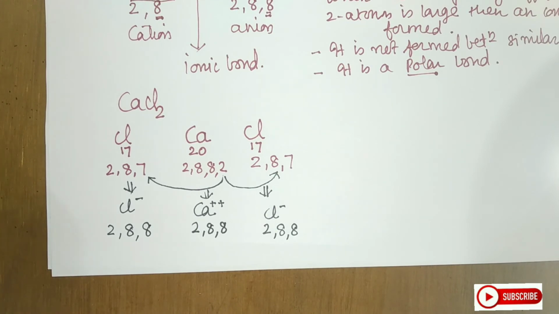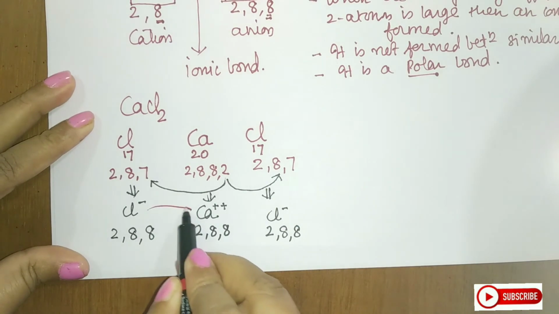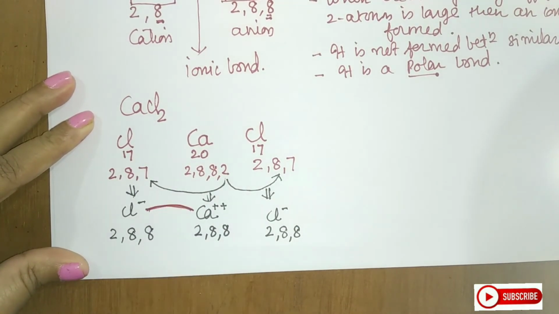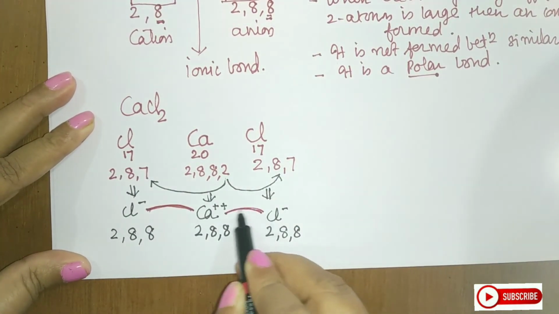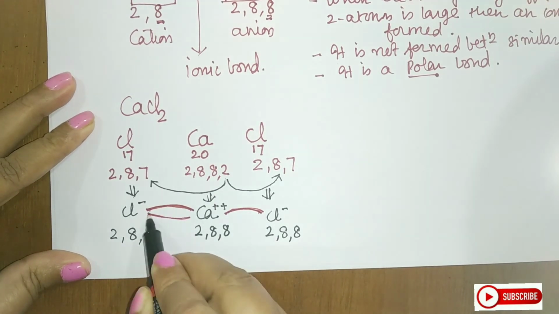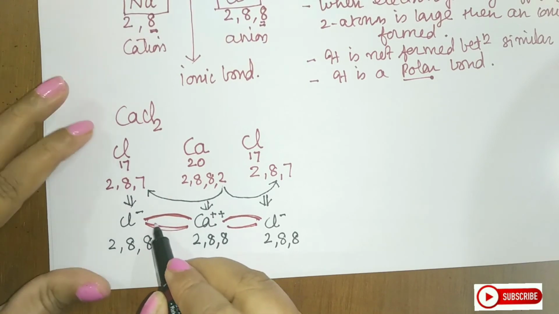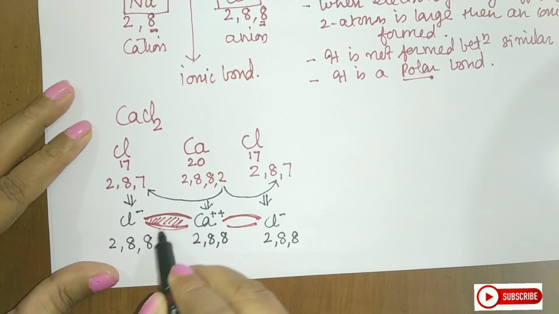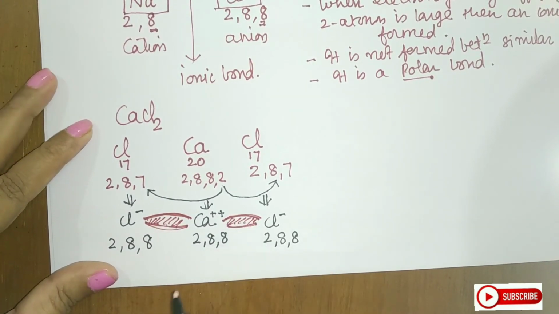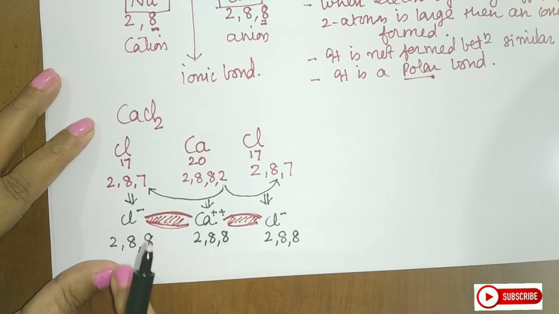Now there will be an electrostatic force of attraction between this Cl and Ca, and here also you will get this type of electrostatic force of attraction, and a bond is formed that is called the ionic bond. So this is the electrostatic attraction between Ca2+ and the 2 Cl minus, and thus an ionic bond is formed.